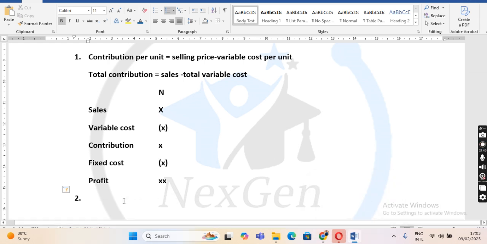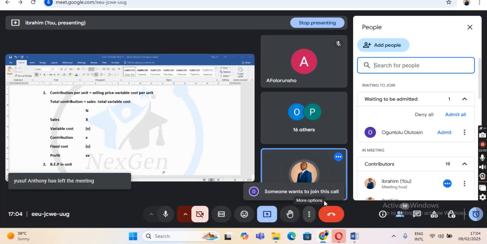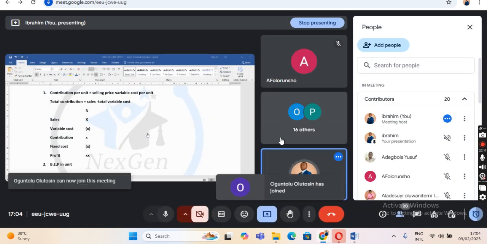So the next formula is BEP, because I will use abbreviation. BEP in units. BEP means break even point, that is sales in units. The question will tell you what will be the sales in units in order to achieve this or that. You want to determine sales at break even point.